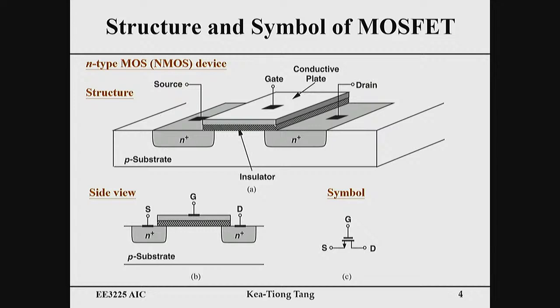Okay, so actually the carrier will flow from the source to the drain. So in the case we just talked about, if we bias the drain with a higher voltage, and bias the source with a lower voltage, then we'll generate an electric field. The direction is from drain to the source.